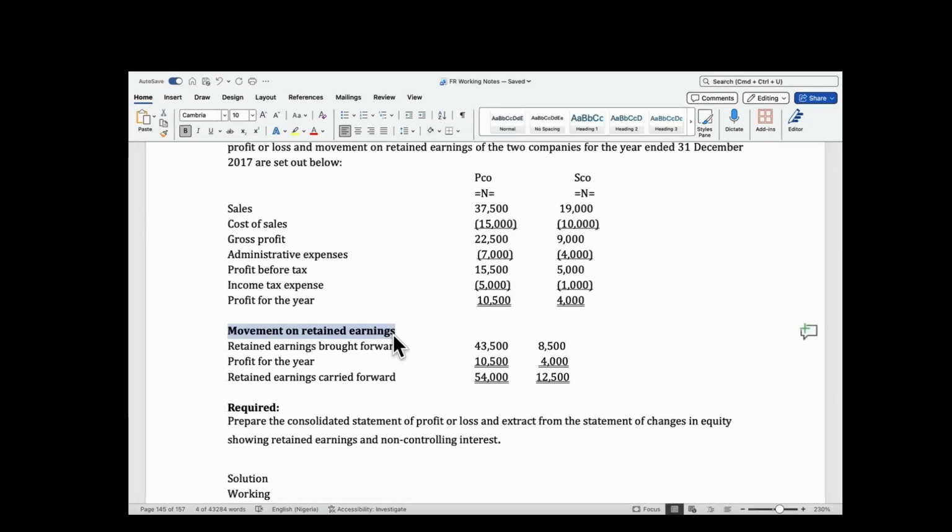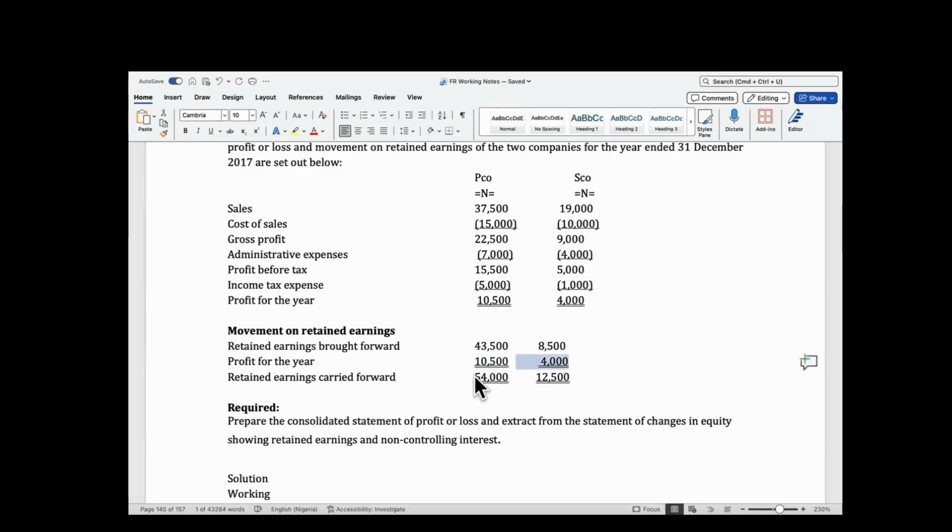This is like an extract of equity. We're given the retained earnings at the beginning for the parent and for the subsidiary. We're also given the profit for the year for the parent and the subsidiary, and they sum them together.